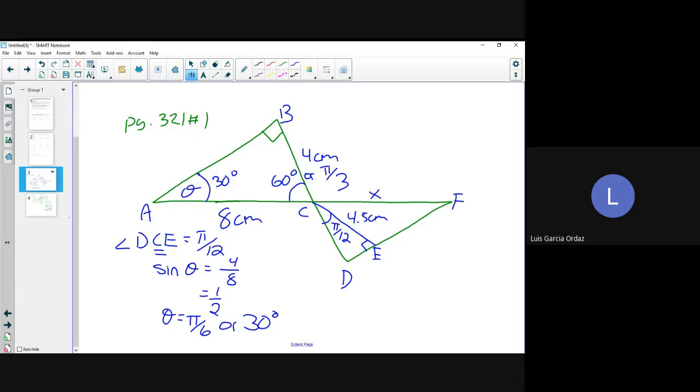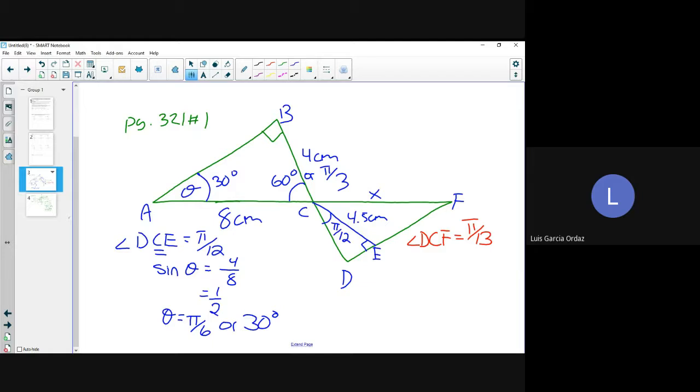And now what that implies is that angle DCF is equal to pi over 3, okay? But because 4.5 centimeters and x is in triangle CEF, what angle do we need to solve for next?